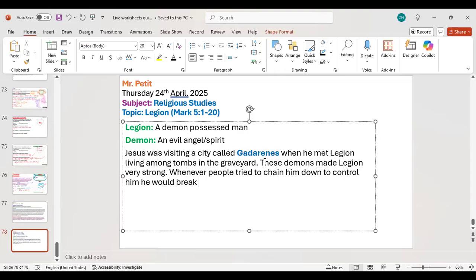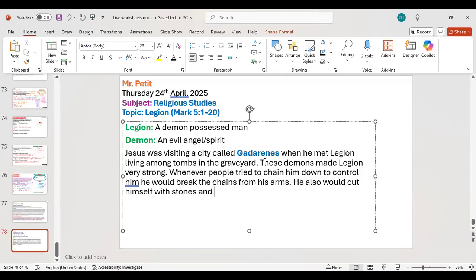Break them, tear every chain, break the chains from his arms. He also would cut himself with the stones. Yeah, with stones. He was crazy.